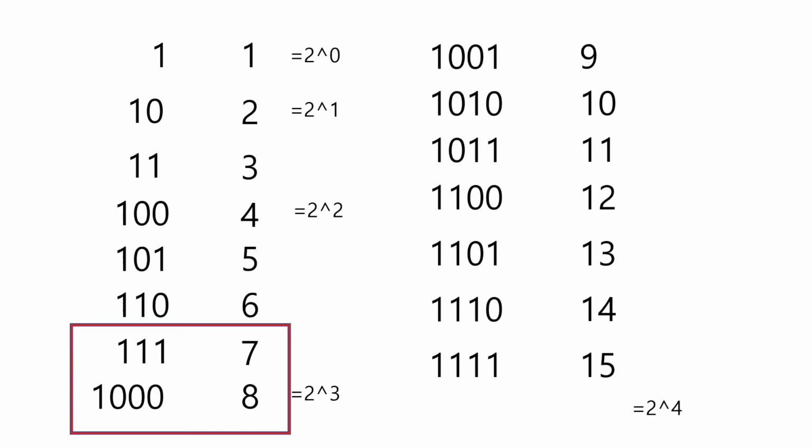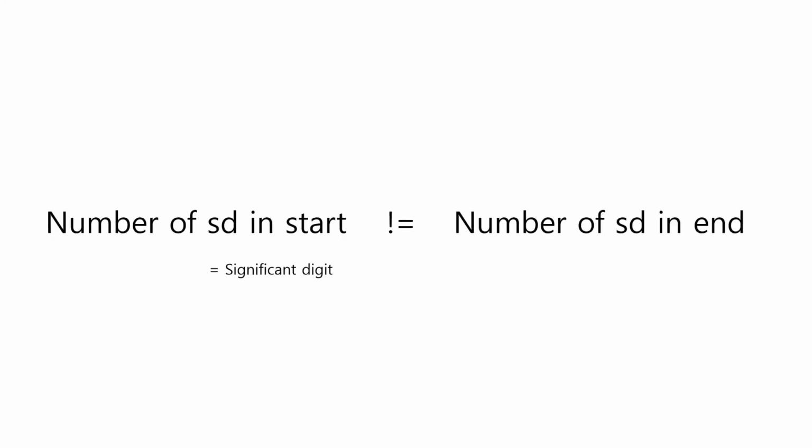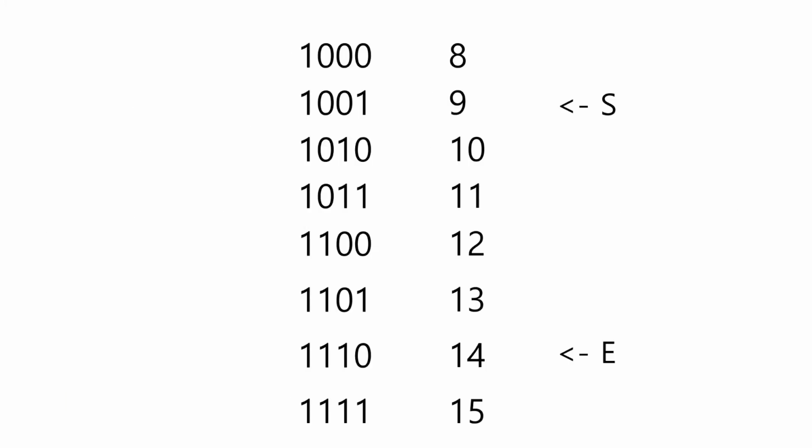So if the range includes those borderlines, the result will always be 0, because any number AND 0 becomes 0. If you include at least one 0, the result will always be 0.